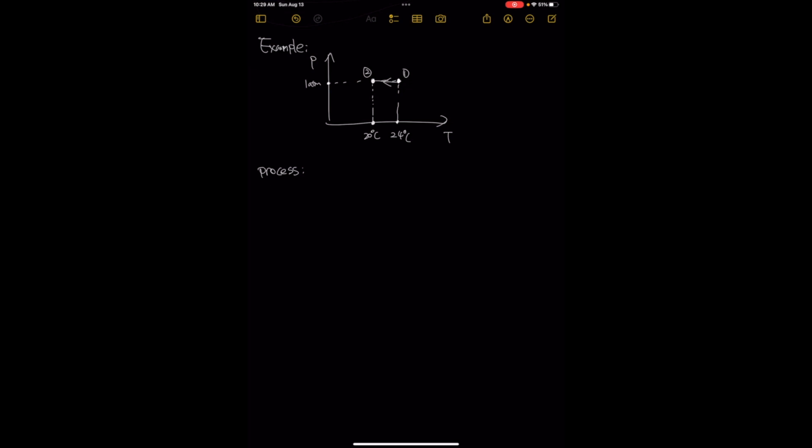So we can call this a cooling process. Right? A process should be very straightforward, and it really describes how a system moves in thermodynamic space.